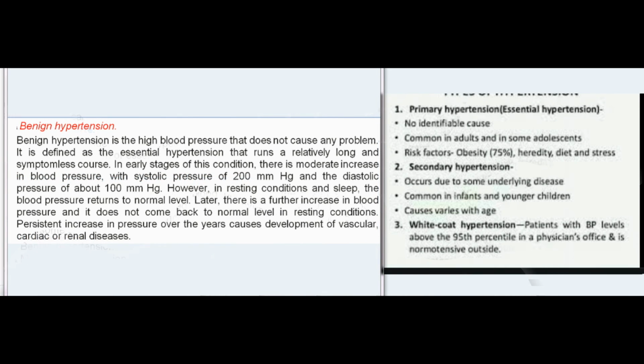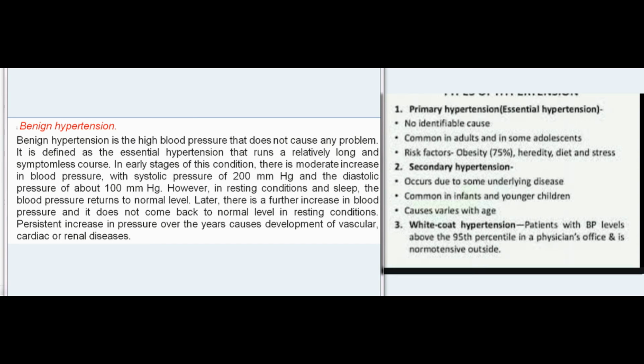Benign hypertension. Benign hypertension is the high blood pressure that does not cause any problem. It is defined as the essential hypertension that runs a relatively long and symptomless course. In early stages of this condition, there is moderate increase in blood pressure, with systolic pressure of 200 mm Hg and diastolic pressure of about 100 mm Hg.